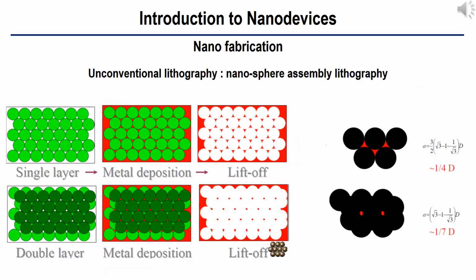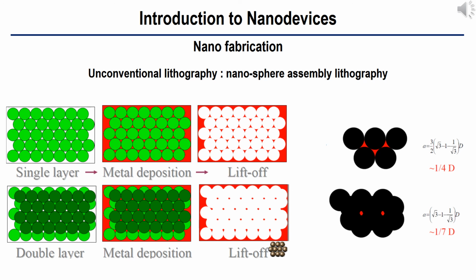There is another unconventional lithography called nanosphere assembly lithography. In this method, nanospheres with diameters of several hundred nanometers are assembled to form close-packed two-dimensional or three-dimensional structures. We can stack double or multi-layered assembled nanospheres for specific purposes.